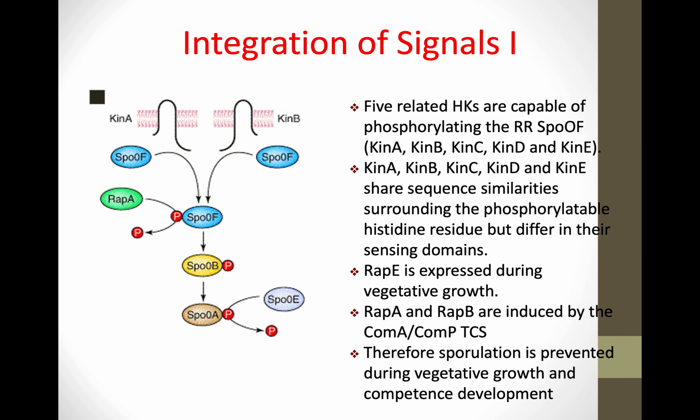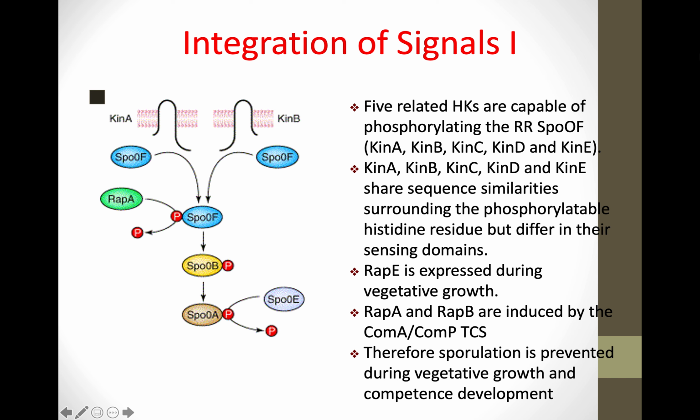Alright, what we're going to look at in the next 3-4 slides is how the signal is being integrated. For example, like I said, when you see the SPO0 genes, you will know it is for sporulation. Here, as an example, five related histidine kinases are capable of phosphorylating the response regulator Spo0F.